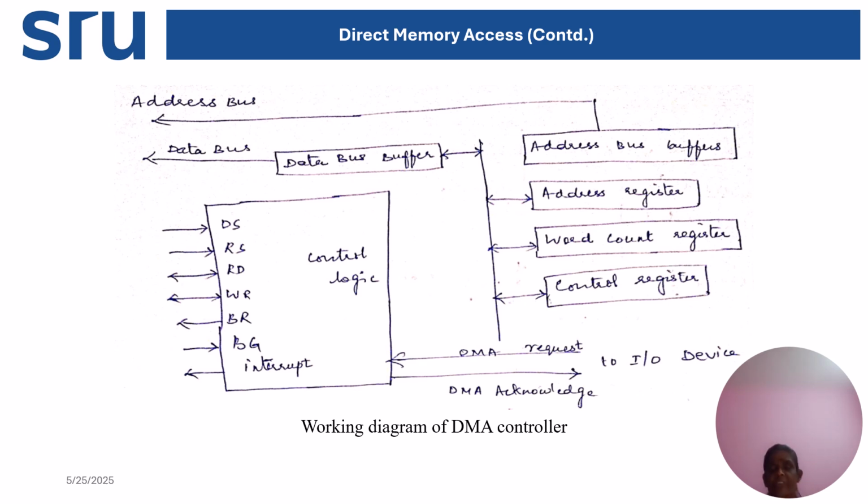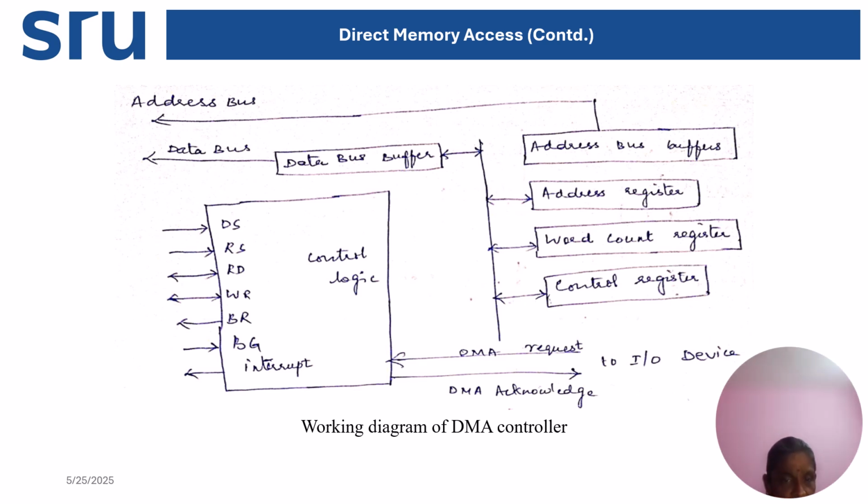Whatever I have explained till now is explained in this diagram. The address bus buffers and data bus buffer are all connected to the address register, word count register, and control register. Control means in which direction data is to be moved. Word count means the number of memory blocks. And address means the starting address of the memory block.